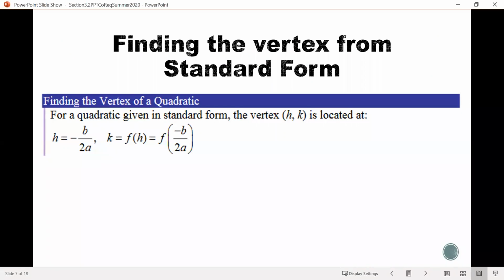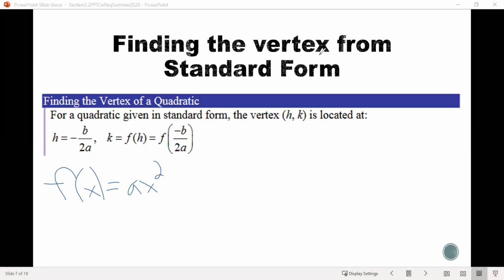All right, and it turns out we can find the vertex of a quadratic even if the given equation is not in transformation or vertex form. So if we have it in that standard form, f of x equals ax squared plus bx plus c, this slide gives us a formula for finding the values of h and k.